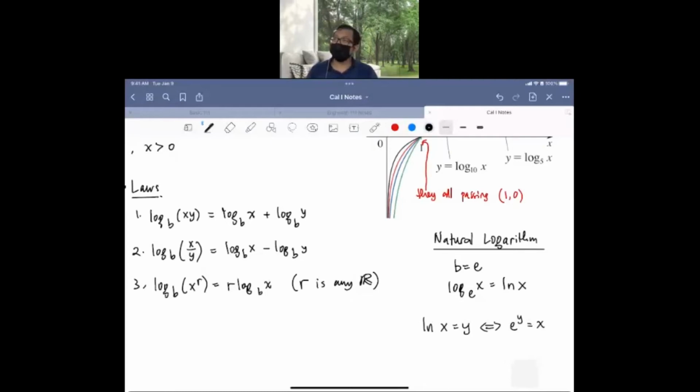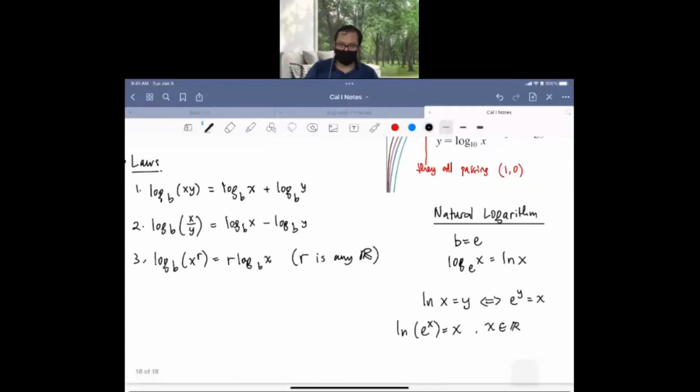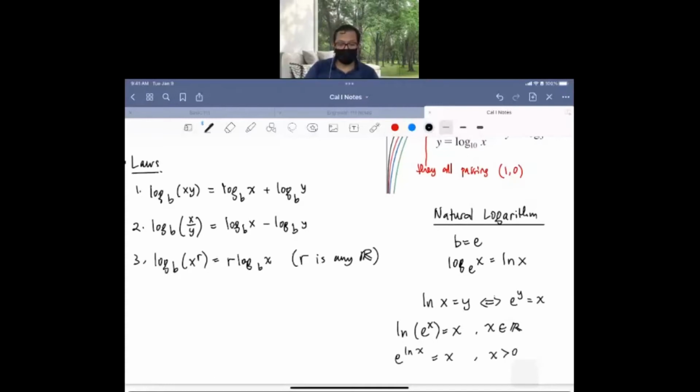Of course, all the logarithm laws will also be applicable with this ln. So when you have ln of e to the power of x, this equals x, and x is any real number, and e to the power of ln x also equals x. We can also prove this using the inverse.